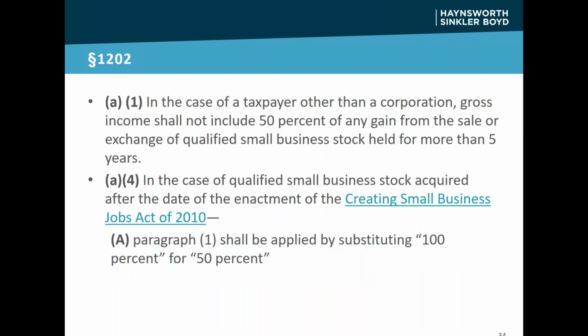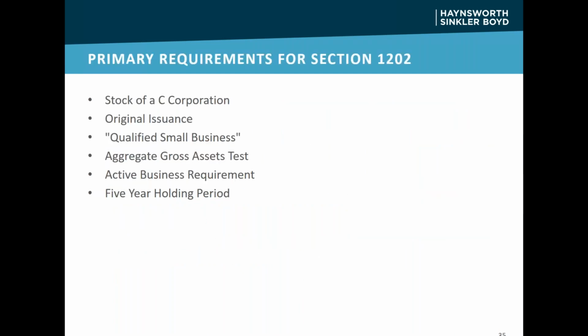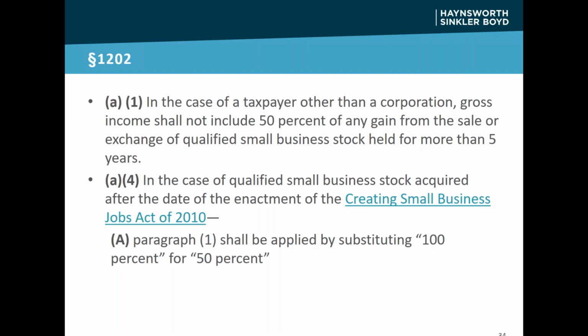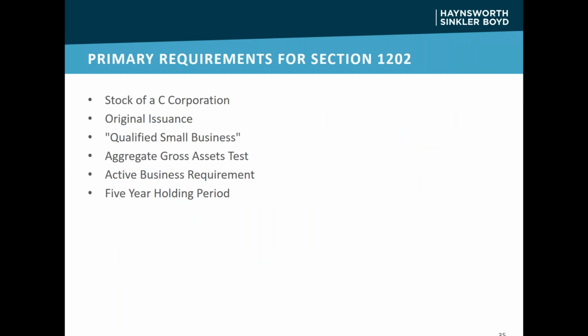In the interest of time, I'm going to skip through some of these things on this slide, but it just takes a closer look at some of the statutory requirements to qualify. This slide lists the primary requirements for Section 1202. The stock must be issued by a qualified small business and generally must be acquired by the taxpayer at original issuance.